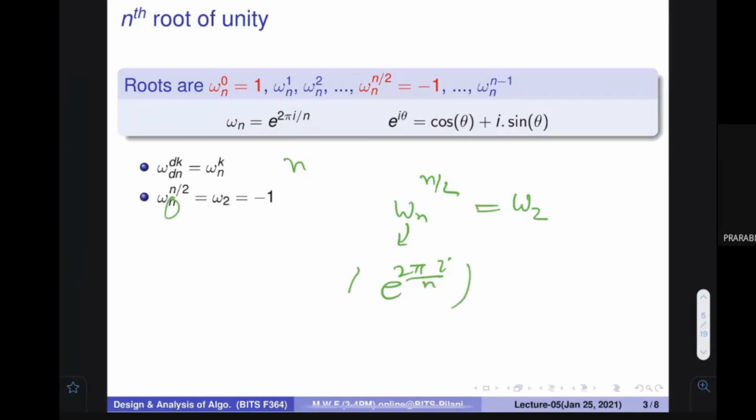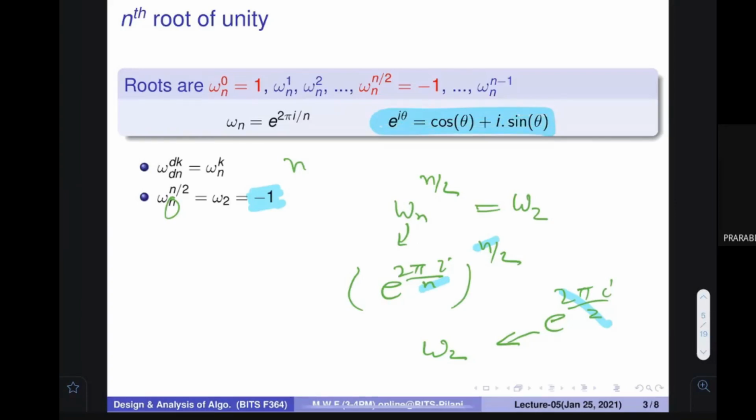Again you can cancel these two things, and you get e to the power 2πi/2, and this is ω_2. So ω_2 is actually minus 1. How can you find out? You put this value into this particular equation, and you find the value is minus 1. Am I right? Say yes.